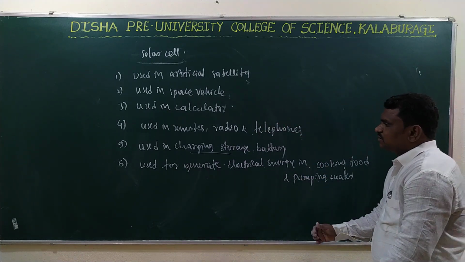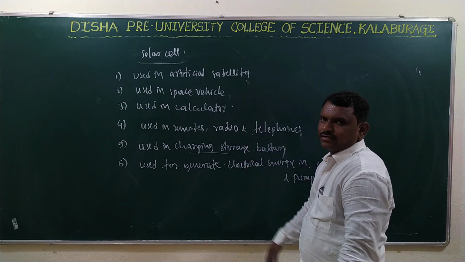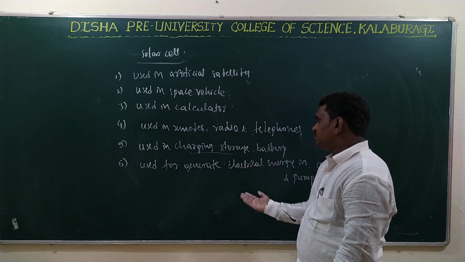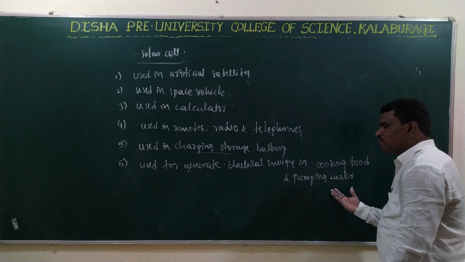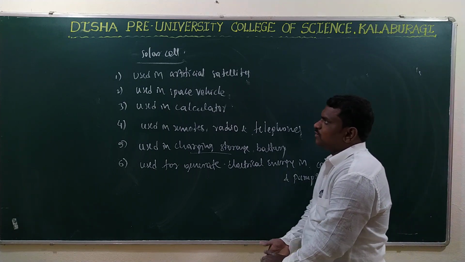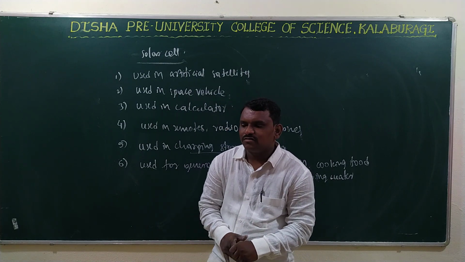These devices are operated through the solar cell. Solar cell converts the solar energy into electrical energy. Then the generated electrical energy is used for cooking food and pumping water. Okay, this is a complete concept of optoelectronic junction devices.